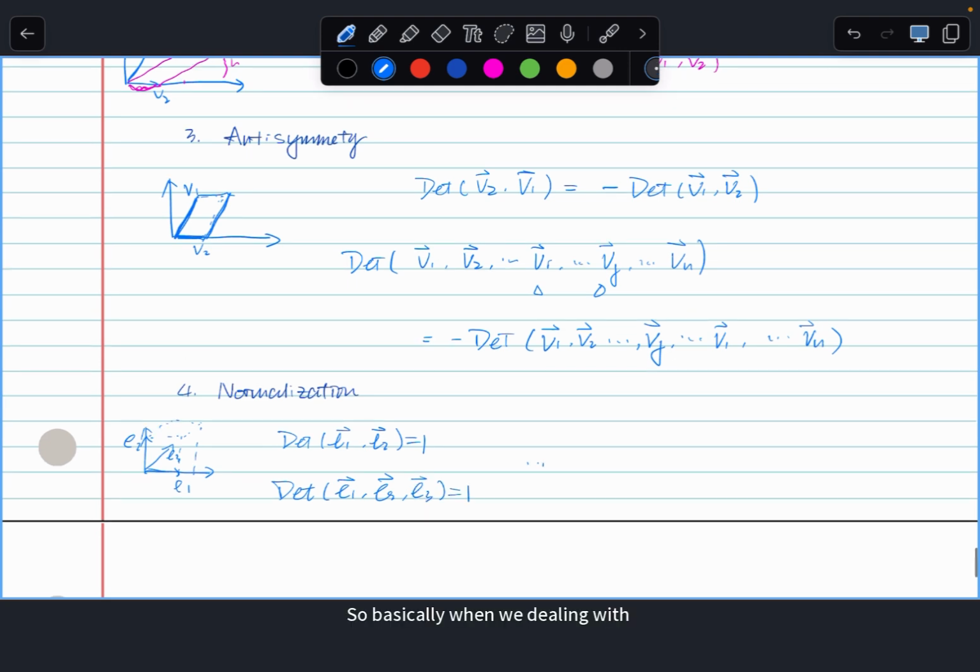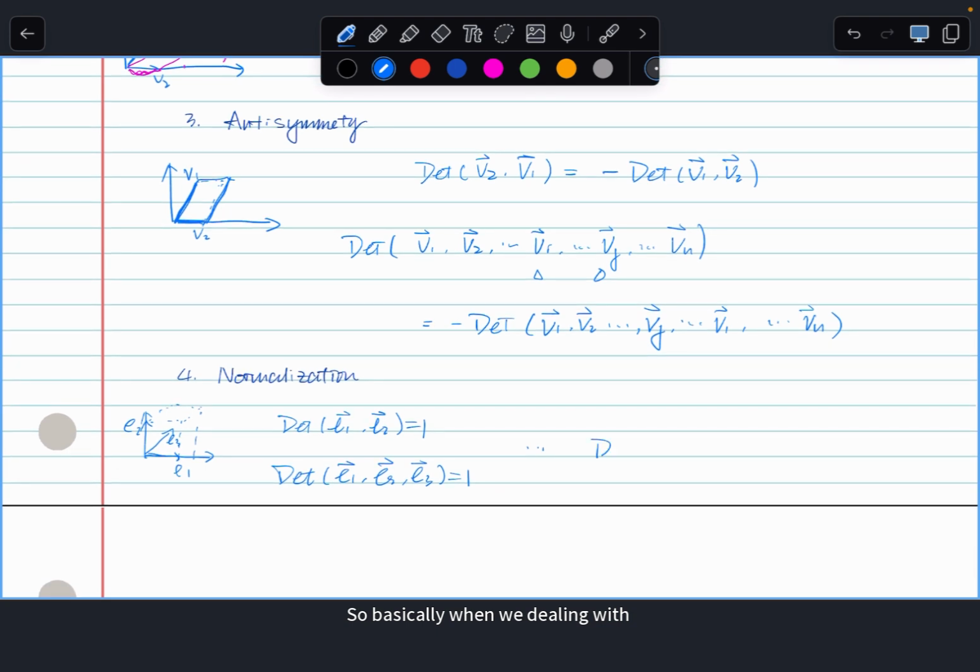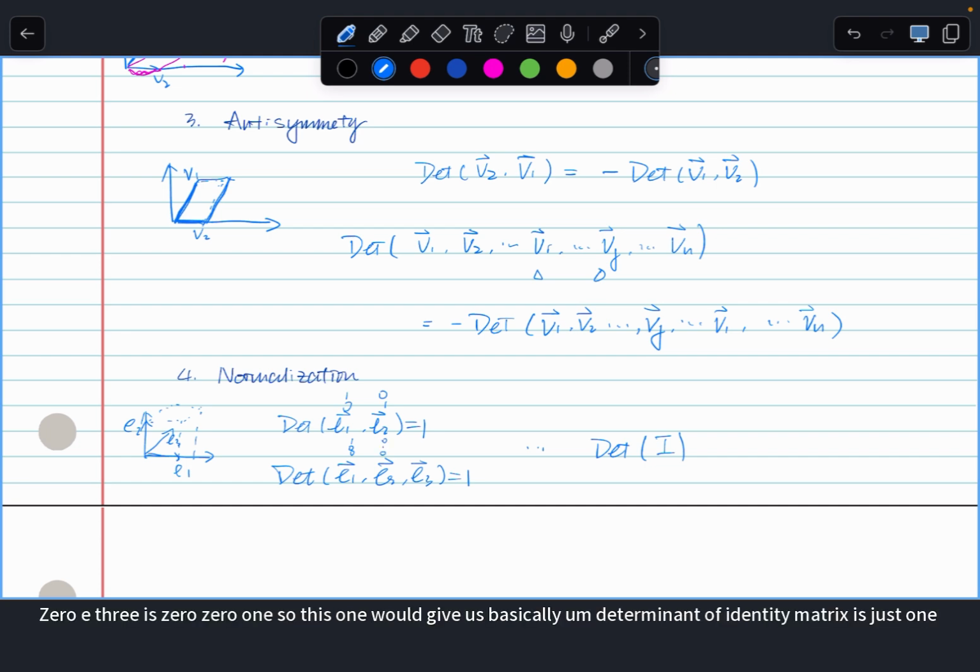So basically, when we're dealing with the determinant of the identity matrix, E1 is (1, 0) and E2 is (0, 1), so in this case this is the identity matrix in R2. And here also, E1 is (1, 0, 0), E2 is (0, 1, 0), E3 is (0, 0, 1).